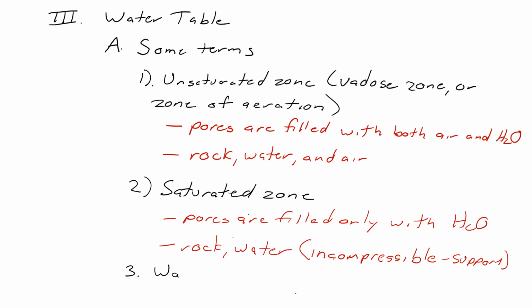The next term is related to both of these, and it's what we call the water table. There's really sort of three working definitions that you can use for the water table. One is it's the upper surface of the saturated zone.